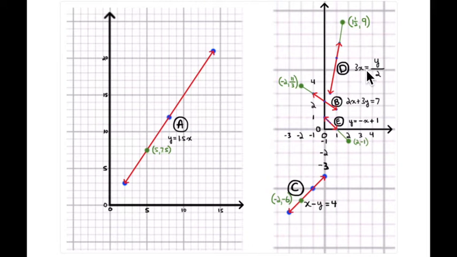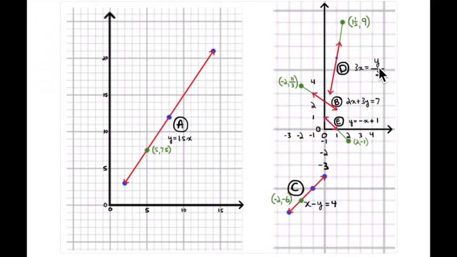So for D up here, I'm just extending this line up, and I'm just picking a point. So I know that y equals 9 right here. So I'm going to plug that into this equation. 9 divided by 2 is 4.5.